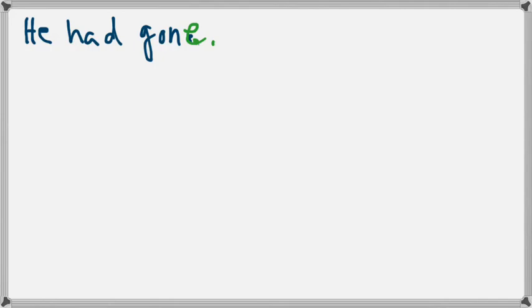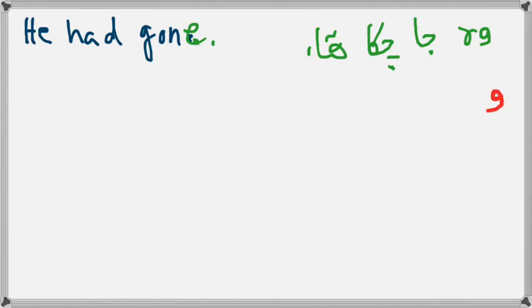First, the informal one is वो जा चुका था. And to show respect, we say वो जा चुके थे.